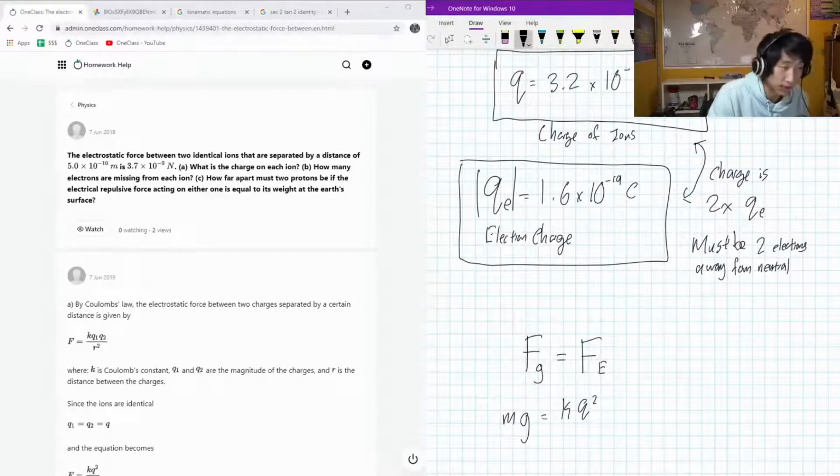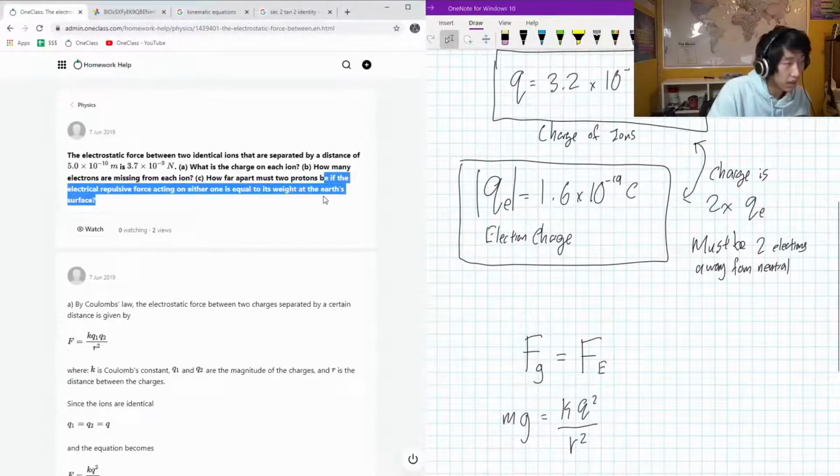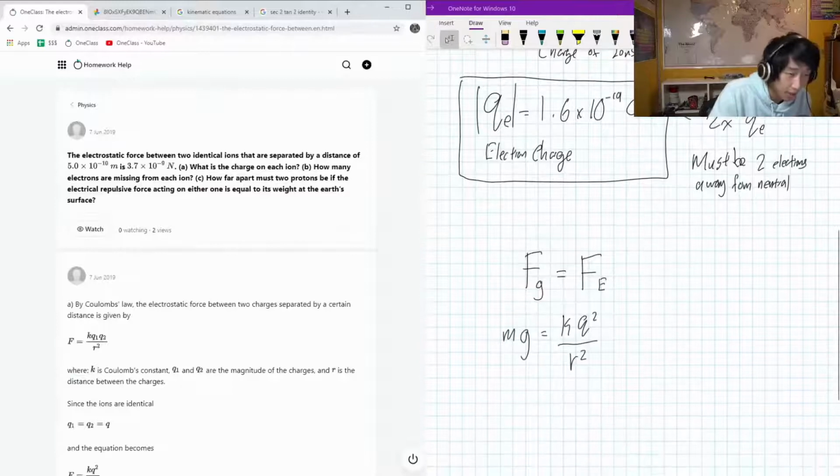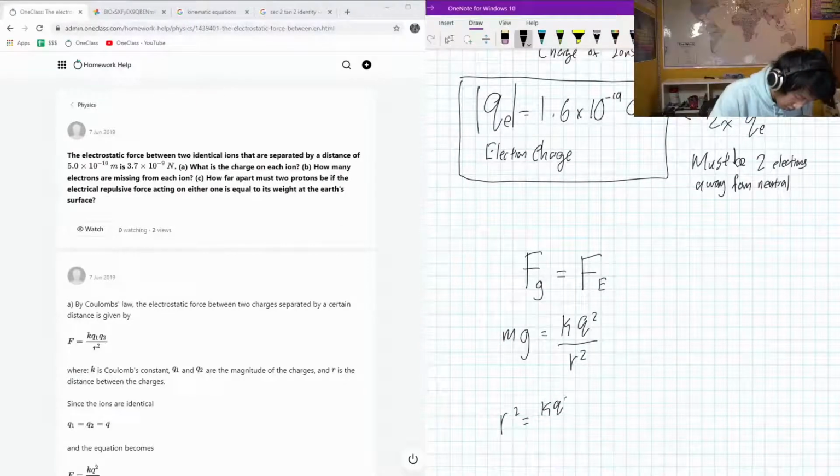We have 2 protons, they're clones of each other, they're going to have the same charge. So it's asking us what is the distance between them for this to be possible. So we're pretty much trying to solve for r. So r squared is equal to kq squared over mg, and r is going to be, well, we send that all under the root, kq squared over mg.